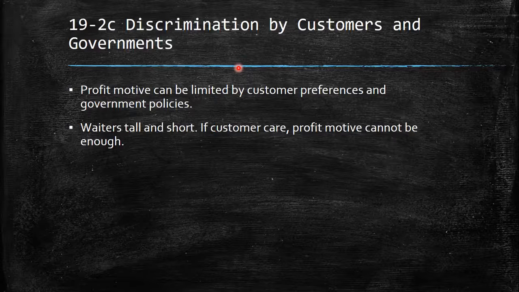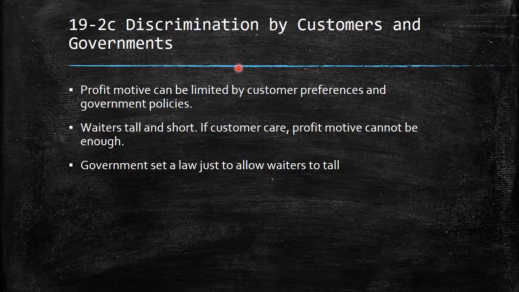So then there should be a gap between them and the profit motive cannot be enough. Or maybe the government sets a law to only allow tall waiters. Then because of a law, it could be a problem. This is like the segregation in the streetcars, where the government set a law that they need to divide people and it was more expensive.